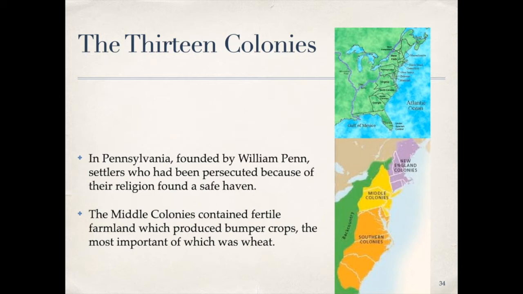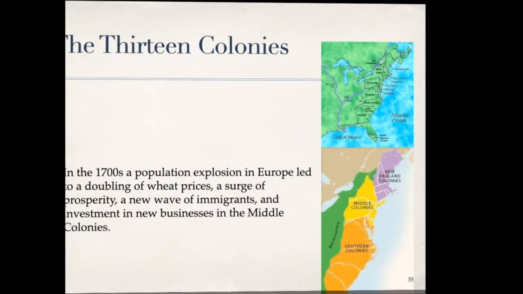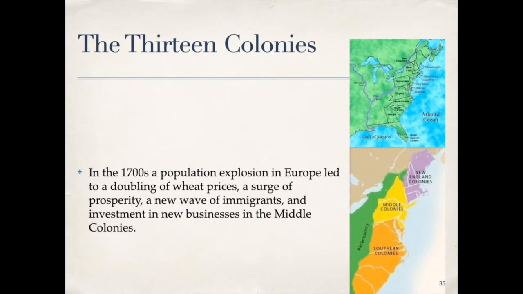The Middle Colonies contained fertile farmland which produced bumper crops, the most important of which was wheat. In the 1700s, a population explosion in Europe led to a doubling of wheat prices, a surge of prosperity, a new wave of immigrants, and investment in new businesses in the Middle Colonies.